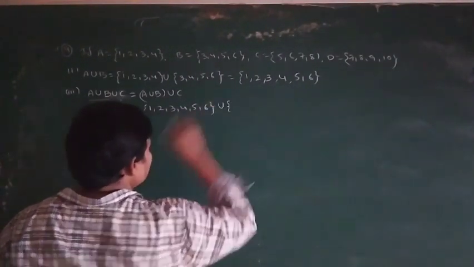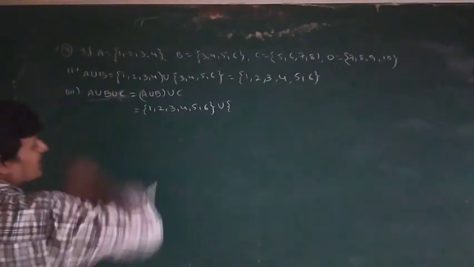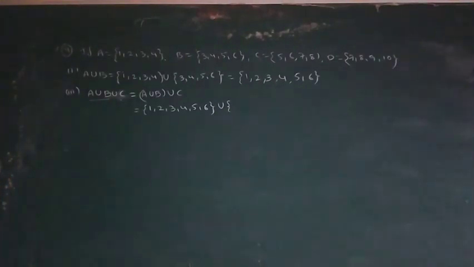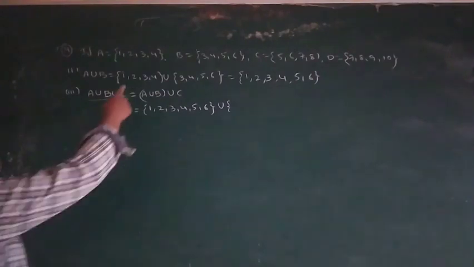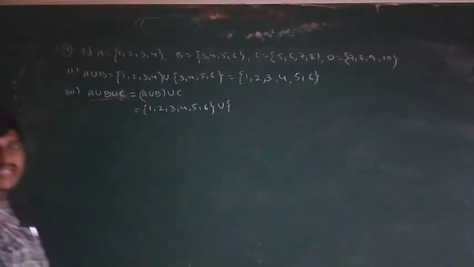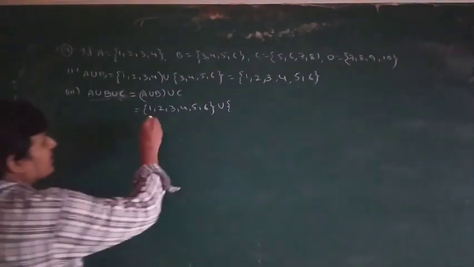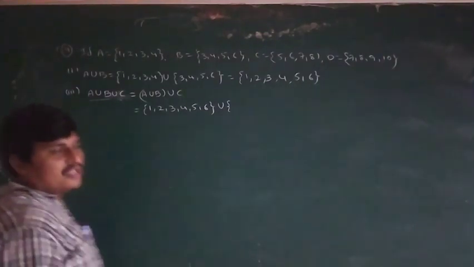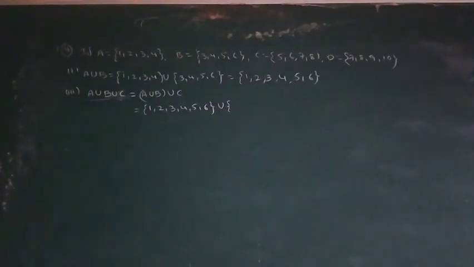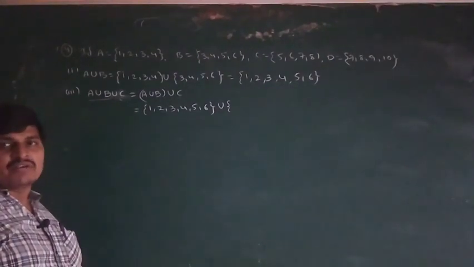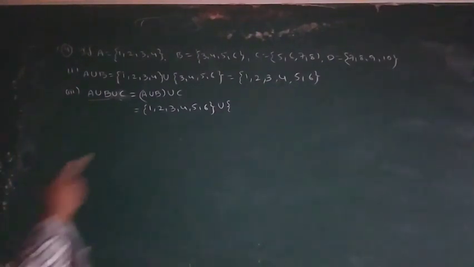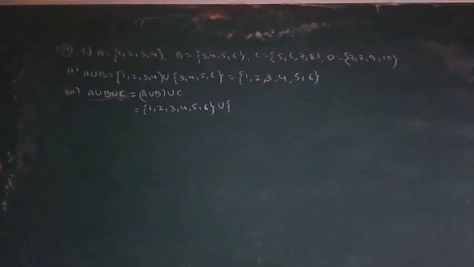Union C. First we have to find A union B. Already A union B is there, so write it down directly. If there were no value of A union B, we would have to calculate it. After that, A union B union C.